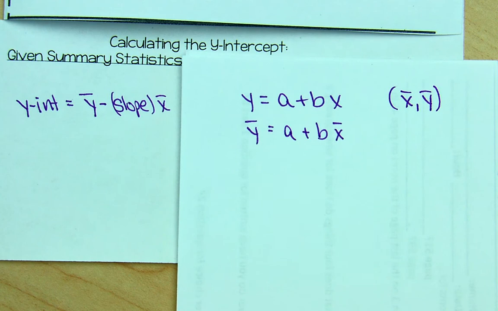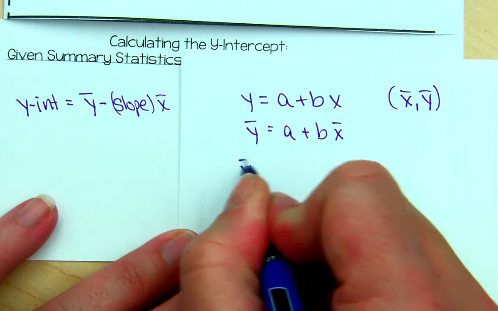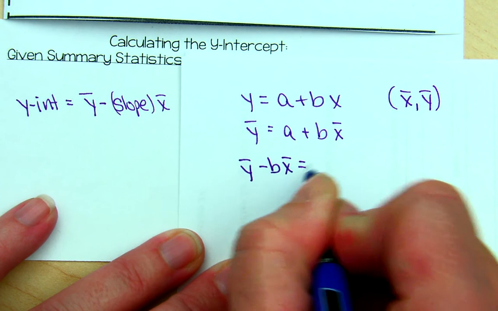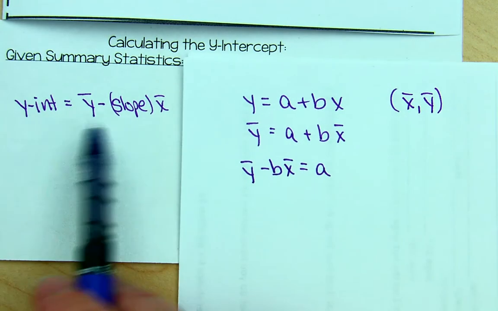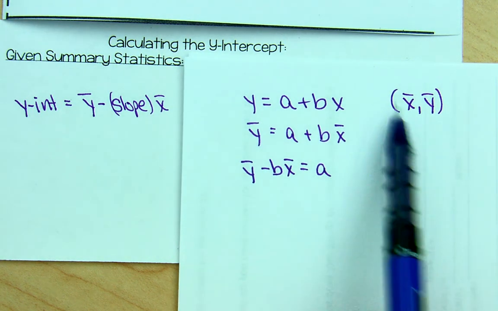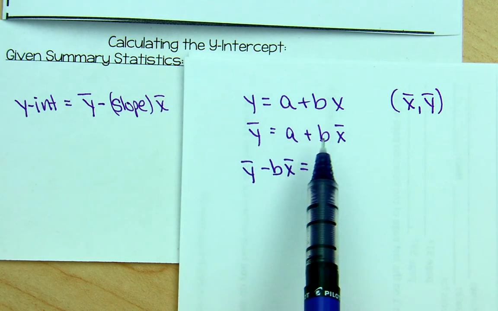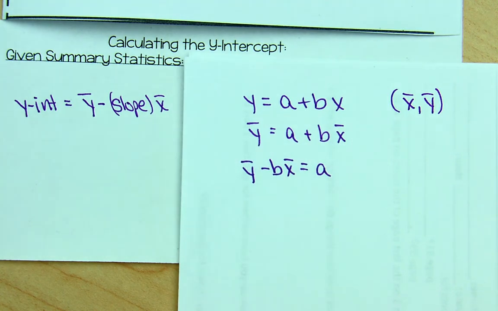So if we plug that in and we solve for y-intercept, that's how we get this formula. Okay? So for those of you that like to know, why does that give us y-intercept? That's why. Because this point is always on the regression line. So if we plug that in for x and y and solve for a, this is what we get. So that's where this comes in.